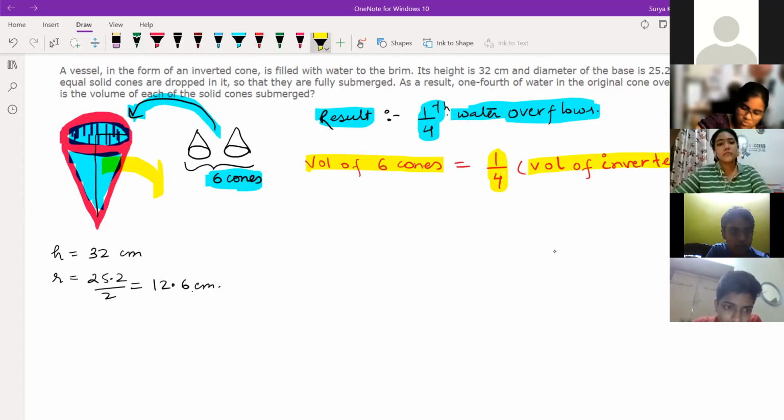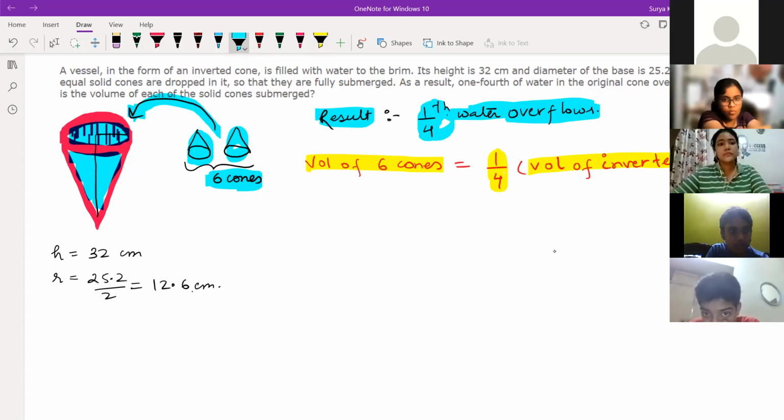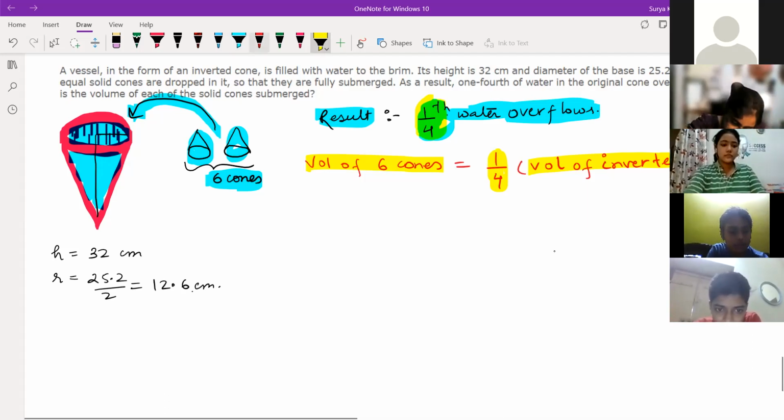If you put the small cones inside this inverted cone, then the volume of these 6 cones will be equal to 1/4 of that. 1/4 of the water flowing out means that volume of the inverted cone. It's clear? So however many cones you put inside, that much water will flow out. That's why the volume of 6 cones is equal to 1/4 of the volume of the inverted cone.